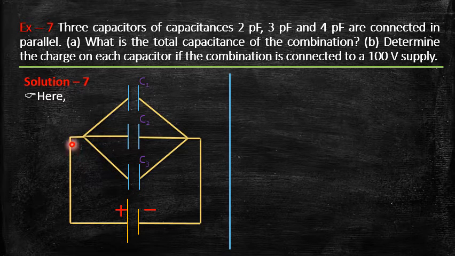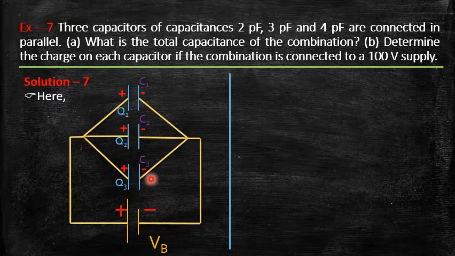If people are coming from somewhere, would the group be equally distributed in three rooms? Obviously, the smaller room will get fewer people and the larger room will have the maximum number of people. That is true with charges also. So the charge on C1, Q1, should be least, and the charge on C3 should be maximum.